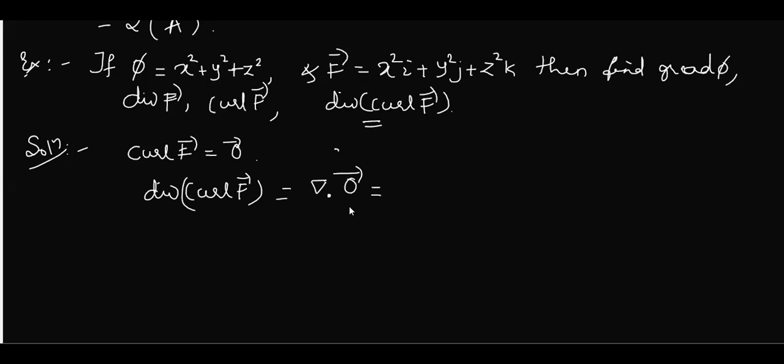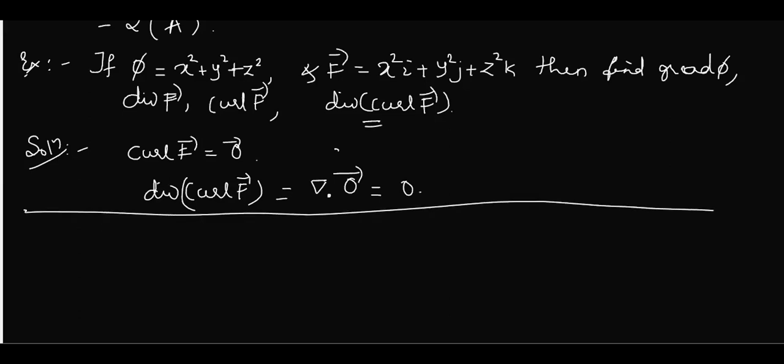Answer will be 0, ma'am. 0 obviously, because for this 0 vector, the ijk coefficients are 0 only. So if I take the product with the ijk coefficients of del, obviously it is going to be a 0 quantity. This was very simple.